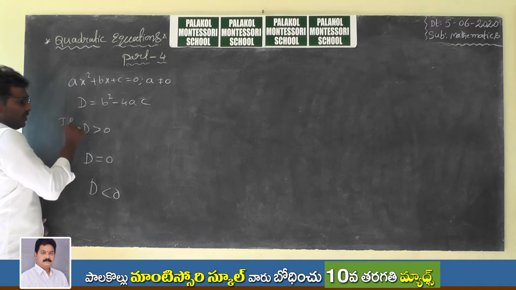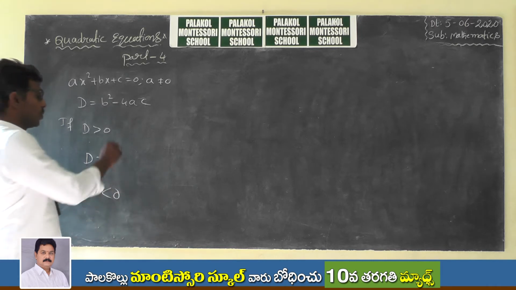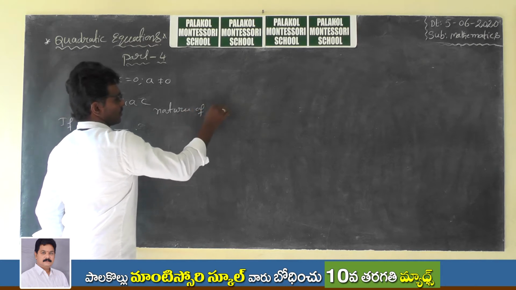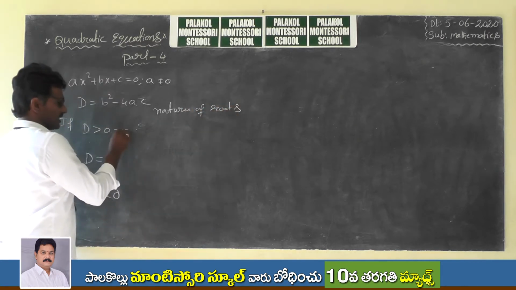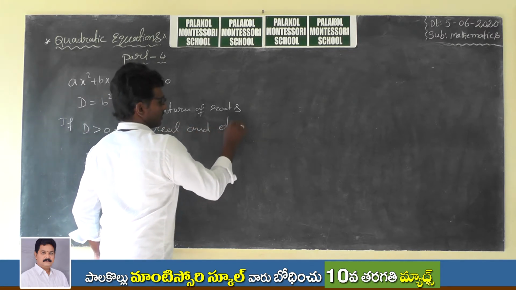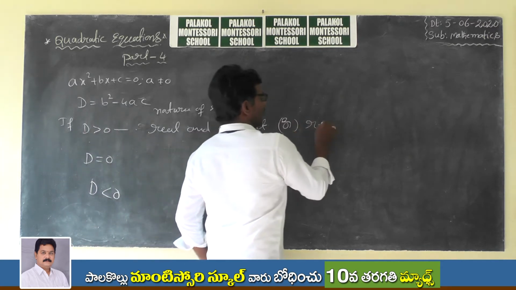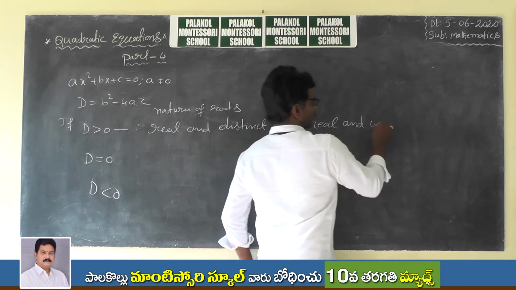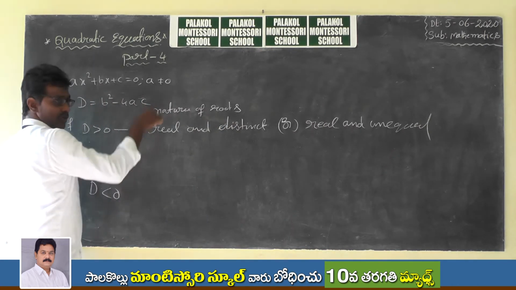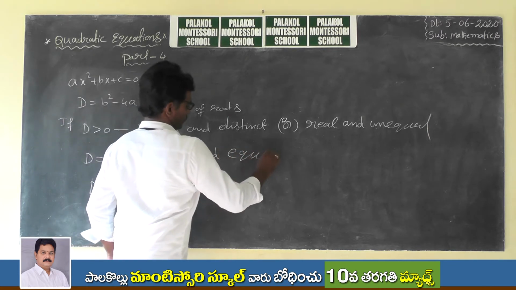For these cases, the nature of the roots: if D is greater than 0, the roots are real and distinct, sometimes called real and unequal. If D is equal to 0, the nature of the roots is real and equal.